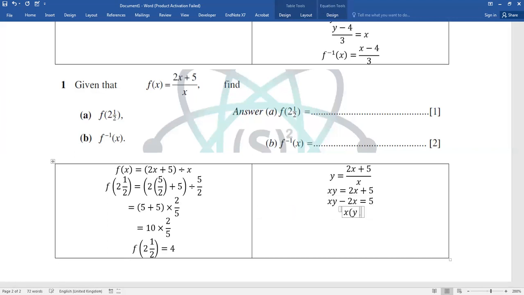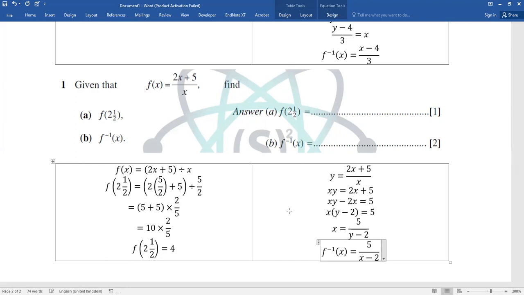Then take x common. So now f inverse of x is... Is this clear? Yes.